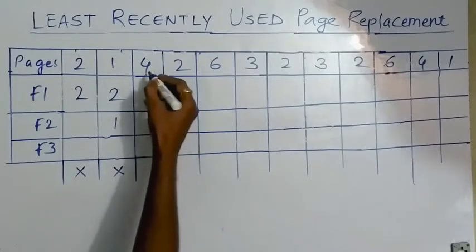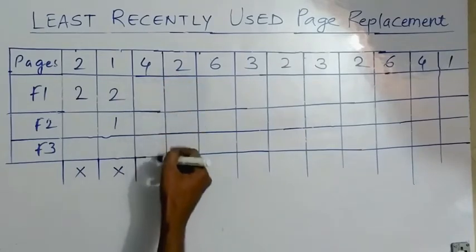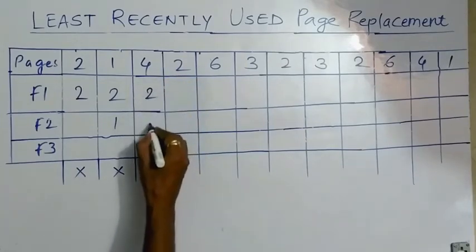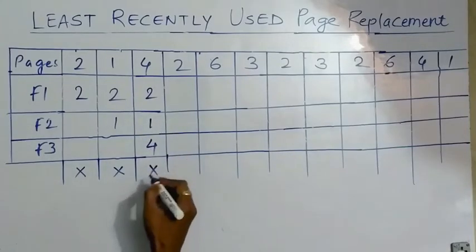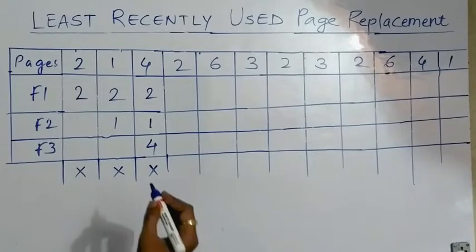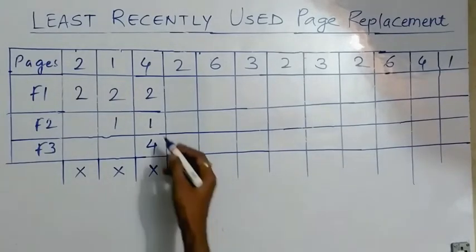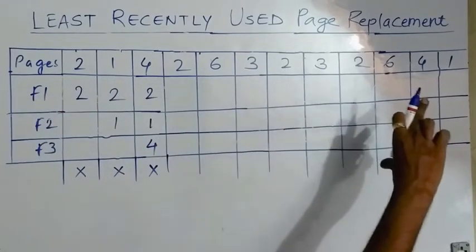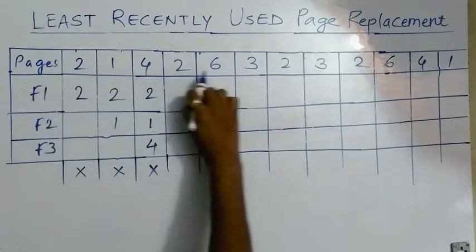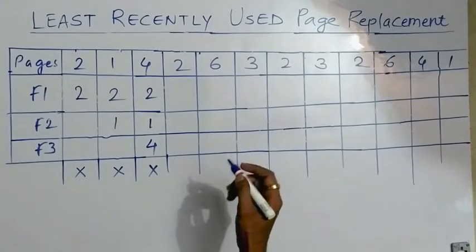Again there is a new page coming inside the main memory system. So 2, 1 and 4, which is a new page, and here we write page miss, because the page is not available inside the main memory system. This is the main memory for us, and the pages are in the secondary memory system.